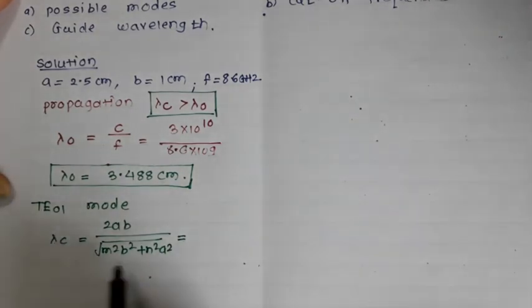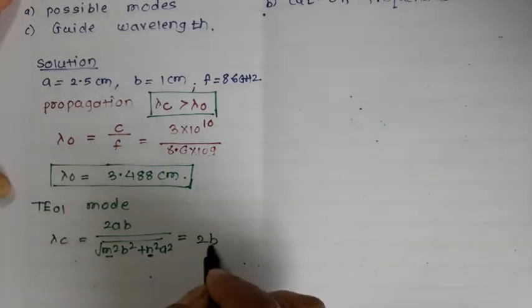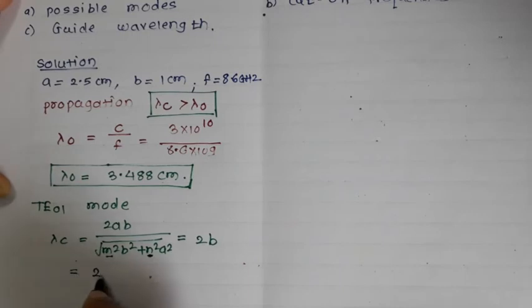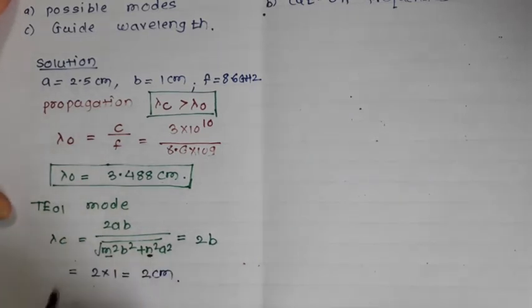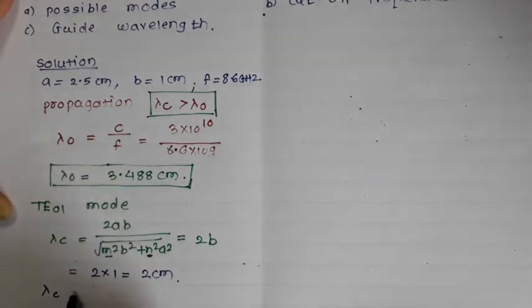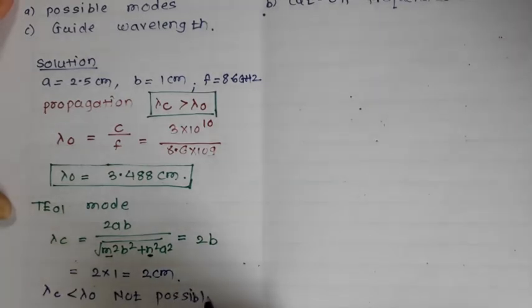So your M will be 0 and N will be 1. So this will be twice of B. If you put the value of B, 2 into 1, 2 centimeter. So your lambda C is 2 centimeter and your lambda 0 is 3.44. So your lambda C is less than lambda 0. This mode is not possible. Okay, so this mode is not possible.